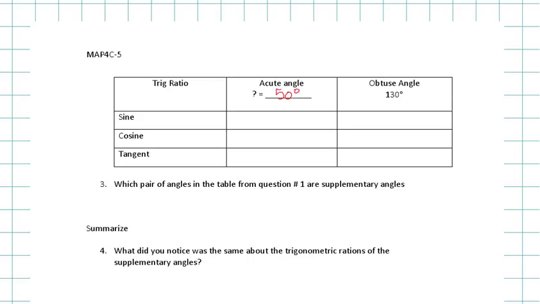Okay, so what is it? 0.7660. Yeah. Cosine of 50? 0.6428. Okay, tan.